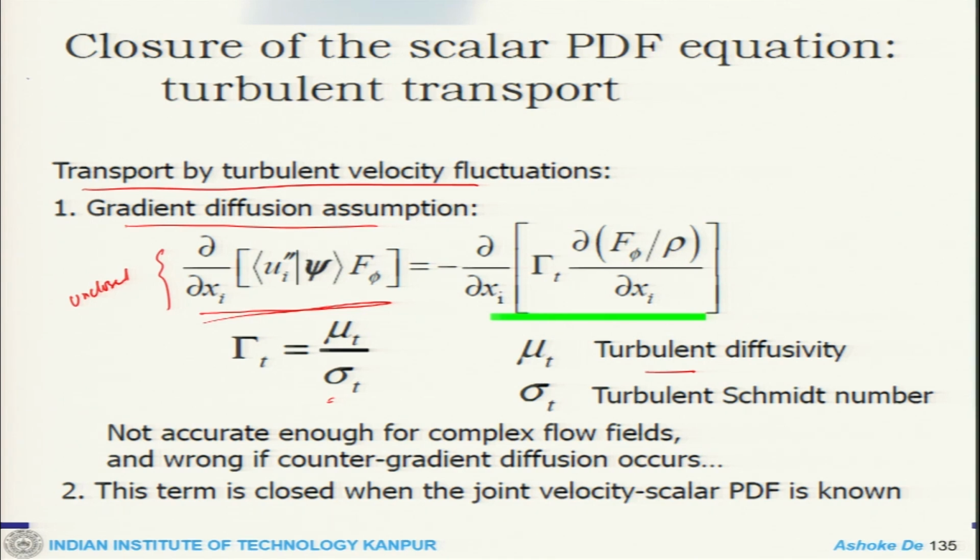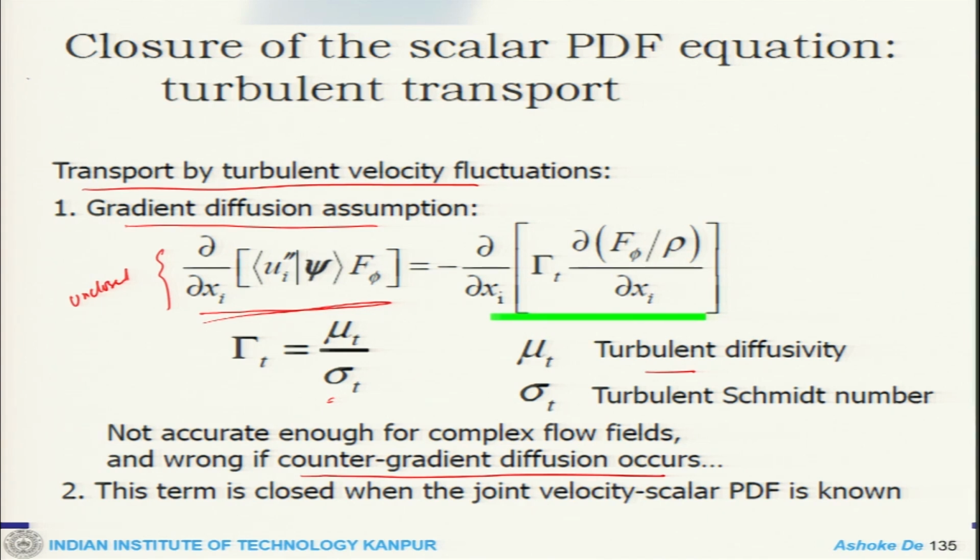It is accurate enough for complex flow fields, but it will fail if counter gradient diffusion occurs. In a wide range of cases this works nicely, but in certain cases it fails where counter gradient diffusion actually takes place.